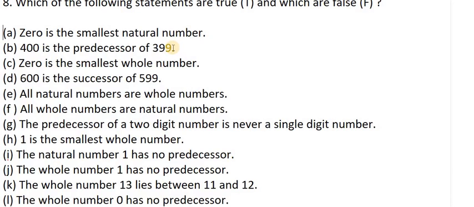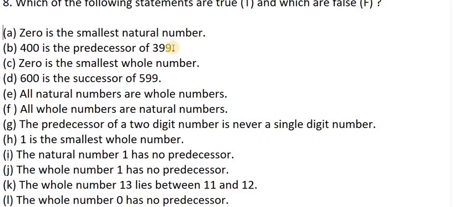Then what are whole numbers? Starting from 0, 1, 2, 3, it moves on endlessly. Such numbers are called whole numbers. The major difference between natural numbers and whole numbers is that in whole numbers 0 is there, and in natural numbers 0 will not be there.